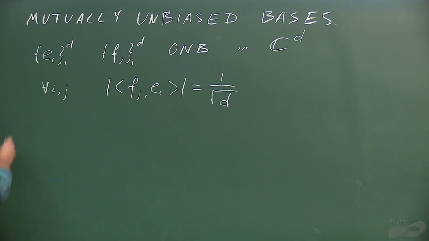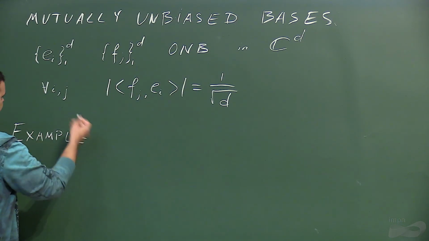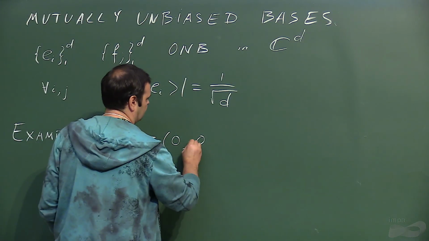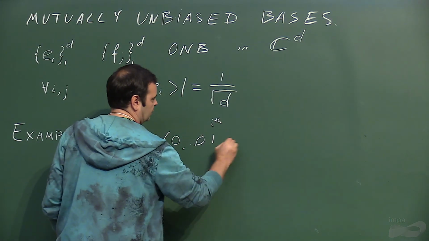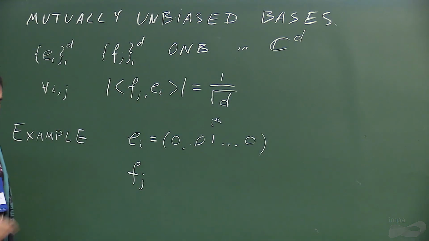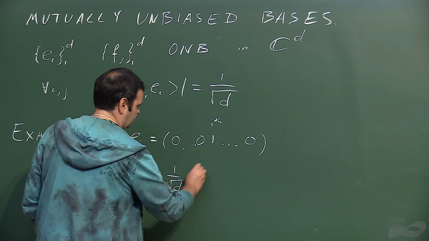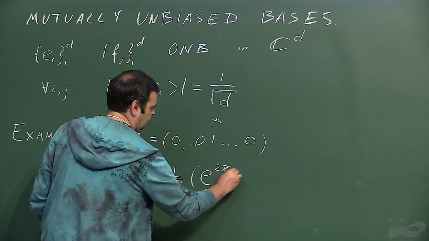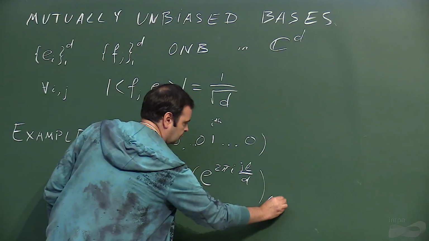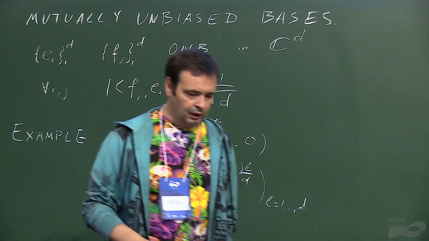One very simple example would be: you take the E_i to be the standard basis, and you take F_j to be the discrete Fourier basis. And it's easy to see that in this case you'll have this property.